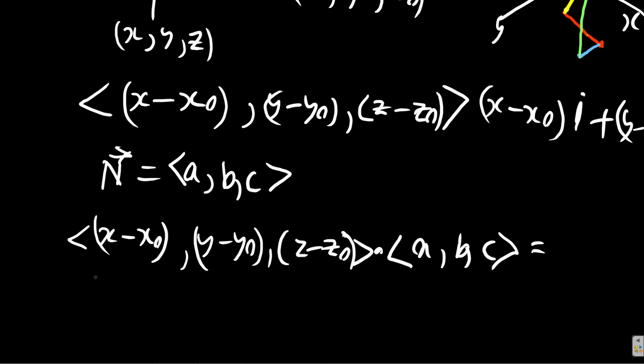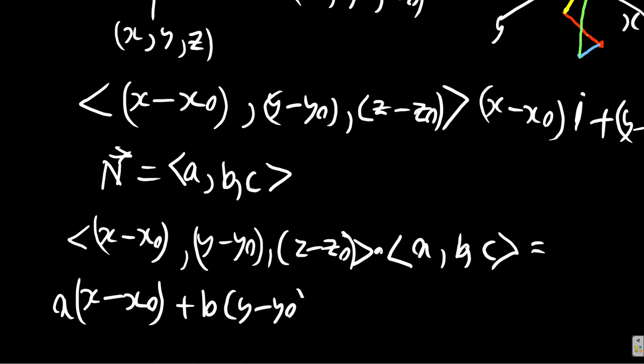So it's going to be (x minus x0) multiplied by a, plus (y minus y0) times b, plus c times (z minus z0), right?